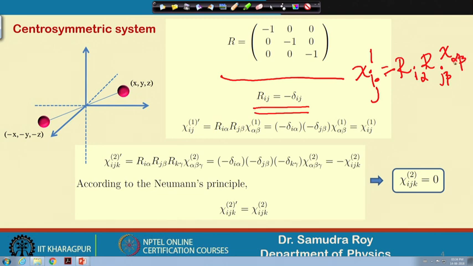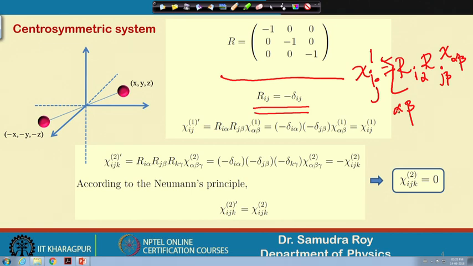Alpha and beta are repeated indices, so it should be summed over alpha and beta. Whatever value we have on the right hand side is the value of chi i j in the primed frame.